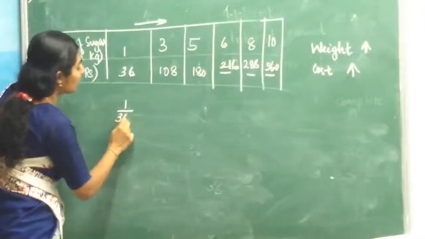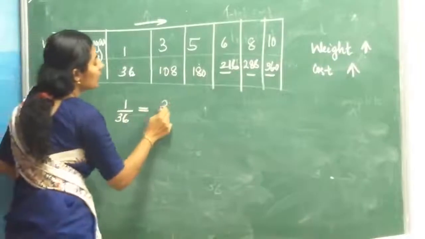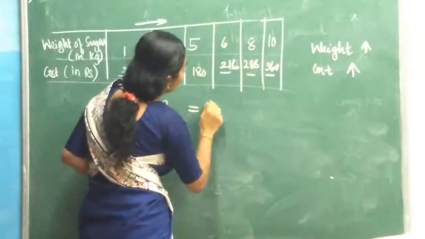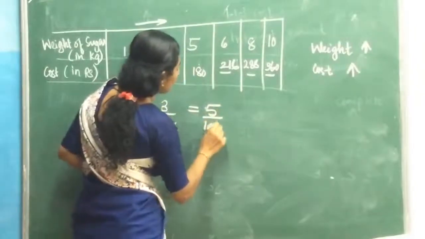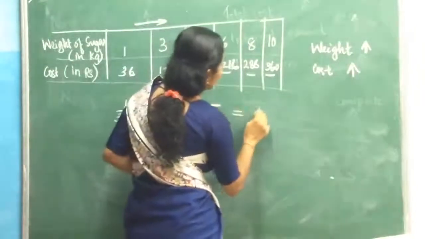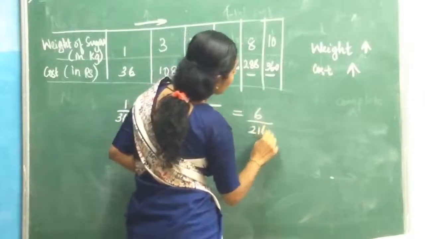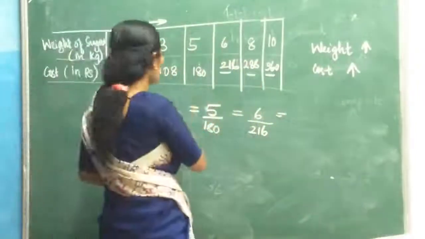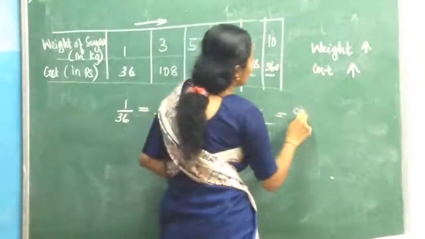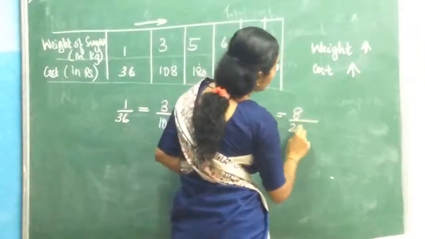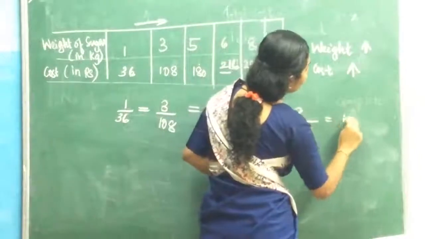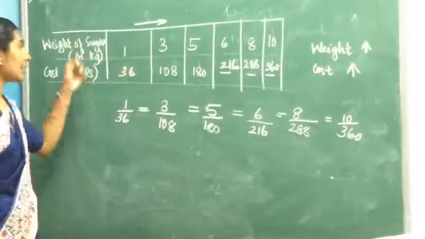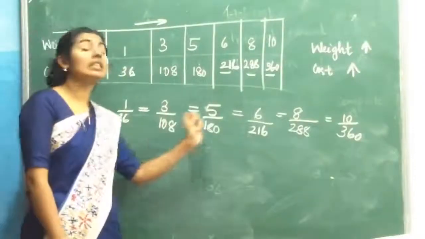That means 1 by 36 equals 3 by 108 equals 5 by 180 equals 6 by 260. When you check 8 by 288, that is also the same as 1 by 36, and 10 divided by 360 as well. So the ratios of the quantities are the same.